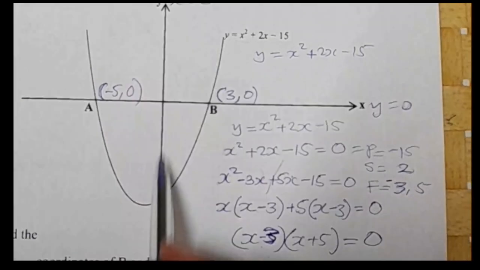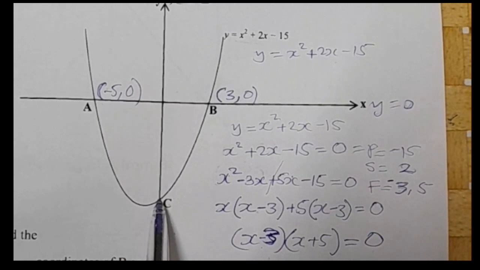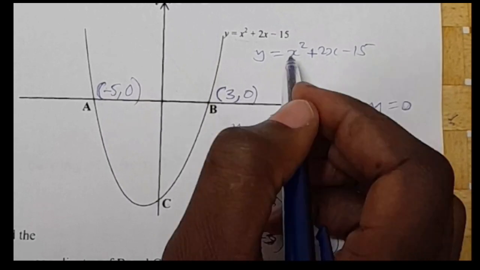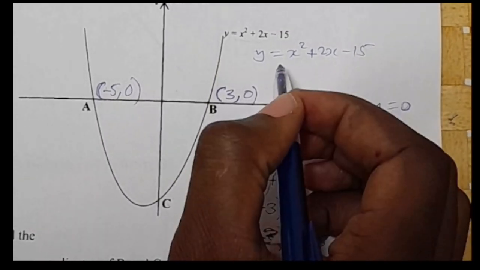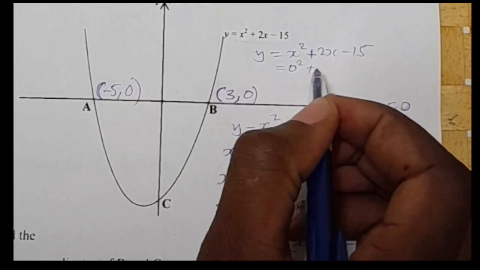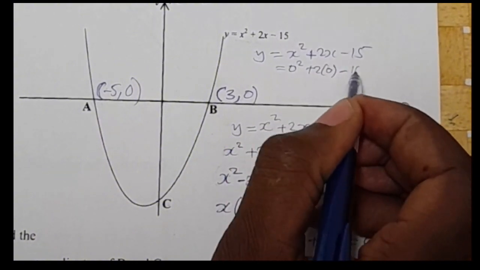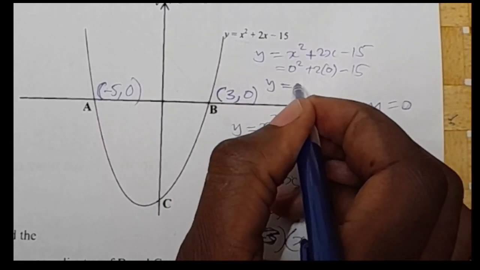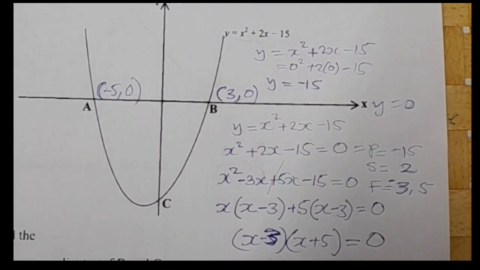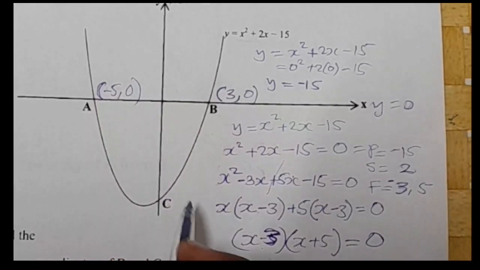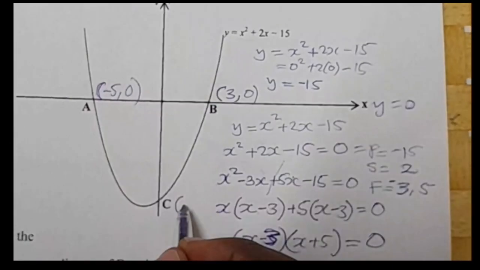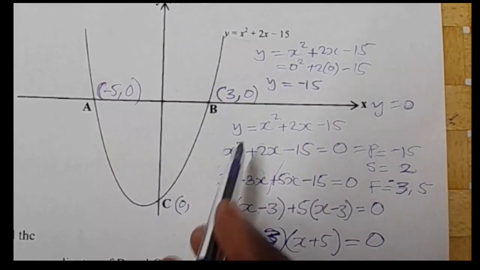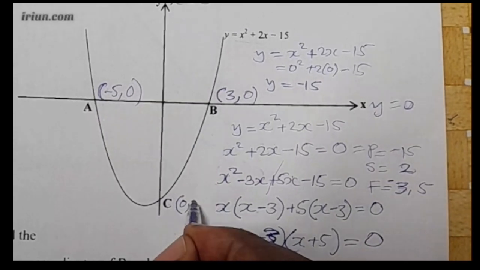Since along this line where C is, x is 0, wherever there's x in the equation, we're going to put 0. So we're going to have 0 squared plus 2 times 0 minus 15, giving y is equal to negative 15. So the x value is 0, and y we found is negative 15.